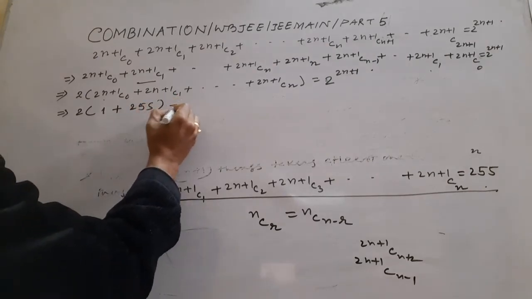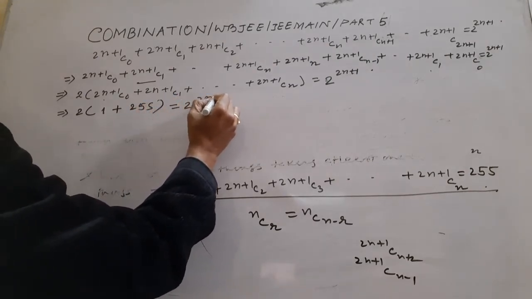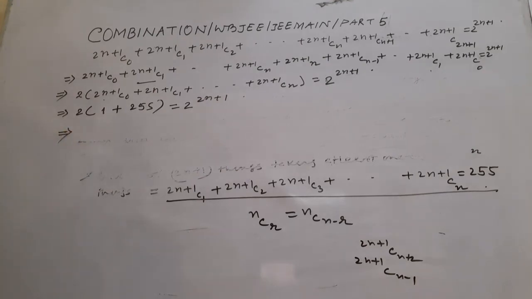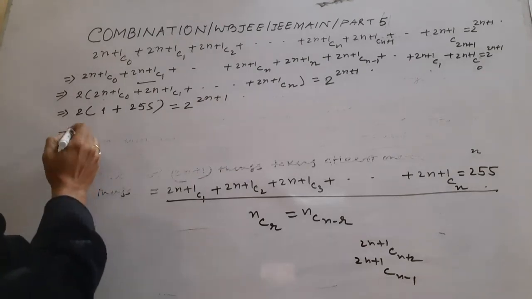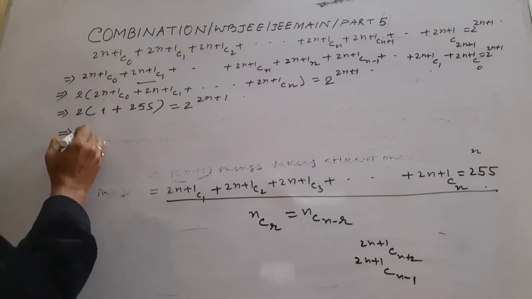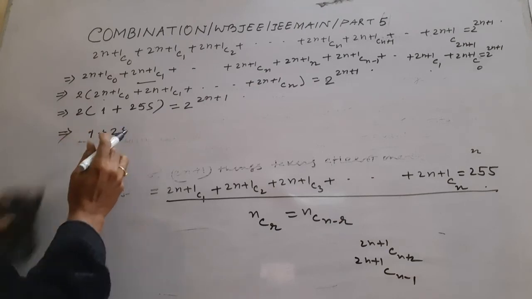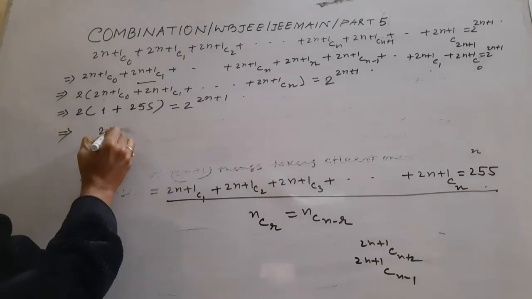So this is equal to 2 to the power 2n plus 1. Now this is 256, so 1 plus 255 is 256.